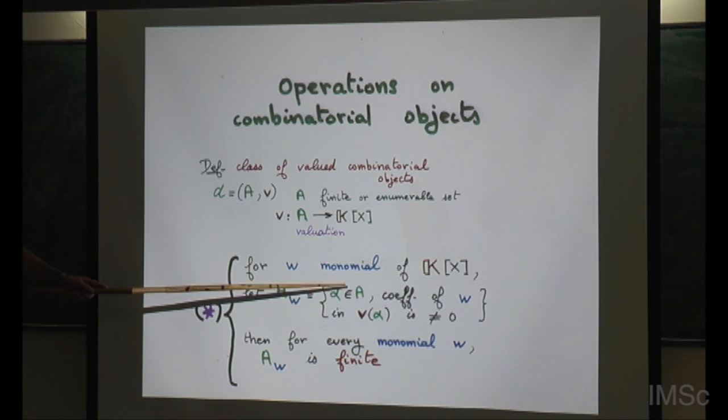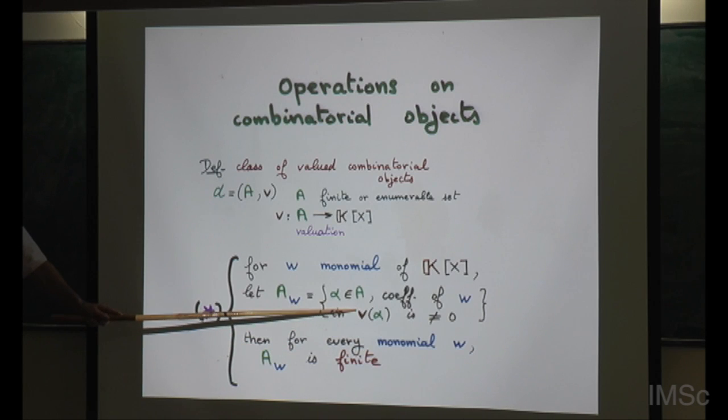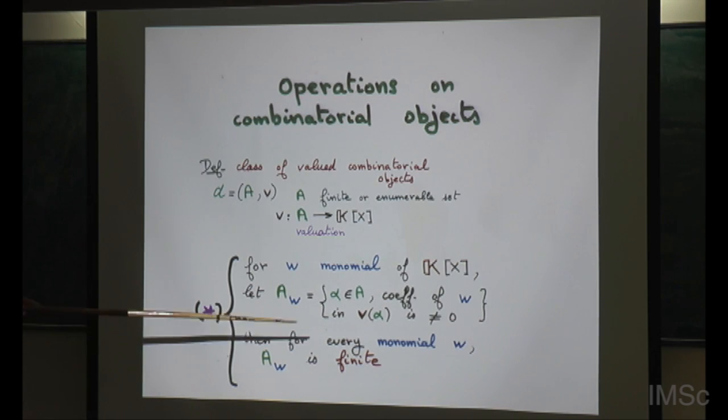So it's the set of alpha such that the coefficient of w in V(alpha) is non-zero. So we take all the elements which contribute, through their weight, to w. And the condition is that for every monomial w, this set is finite. So this is the condition.